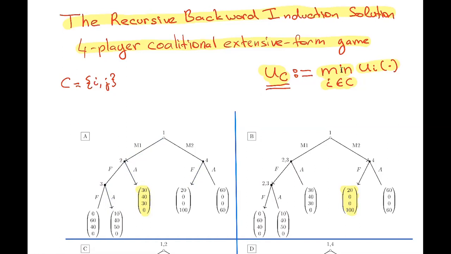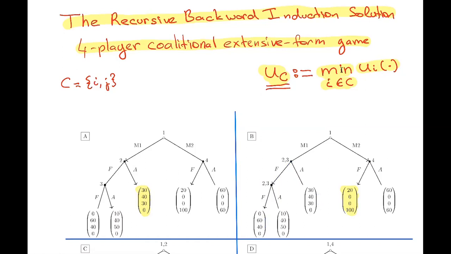Given the subgame perfect equilibrium, step B shows that both player 2 and player 3 in this subgame over here can benefit from cooperating by choosing F, as a result receiving a payoff of 60 for player 2 and 40 for player 3, in which case both of them are better off.